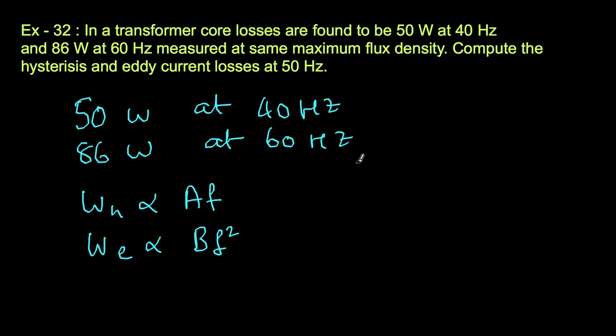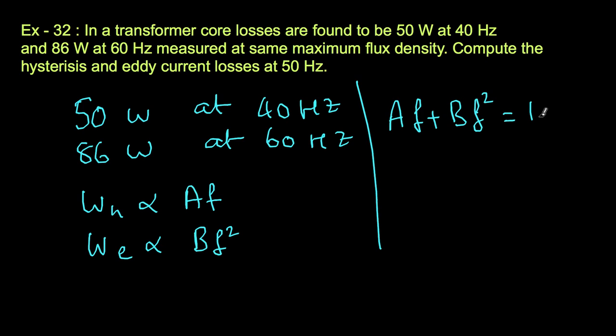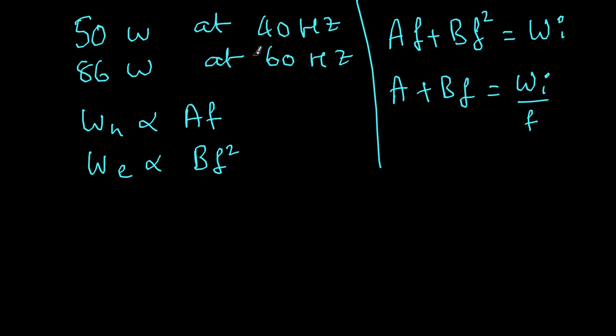So A F plus B F square equals total losses Wi. So A plus B F is nothing but Wi by F. From this we'll get two equations. Wi is the total iron loss, that is 50.